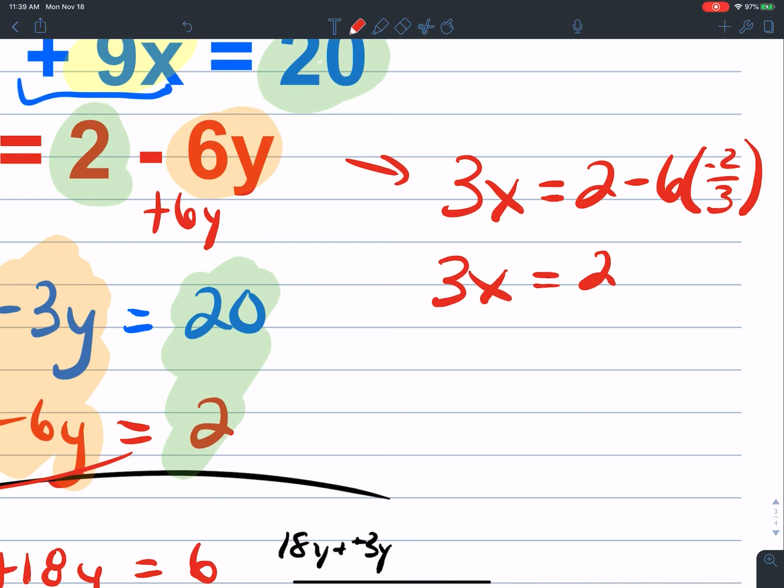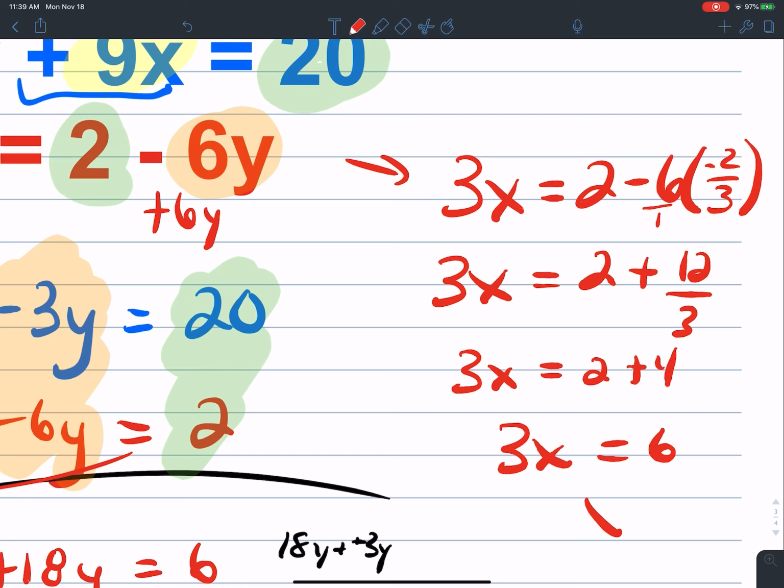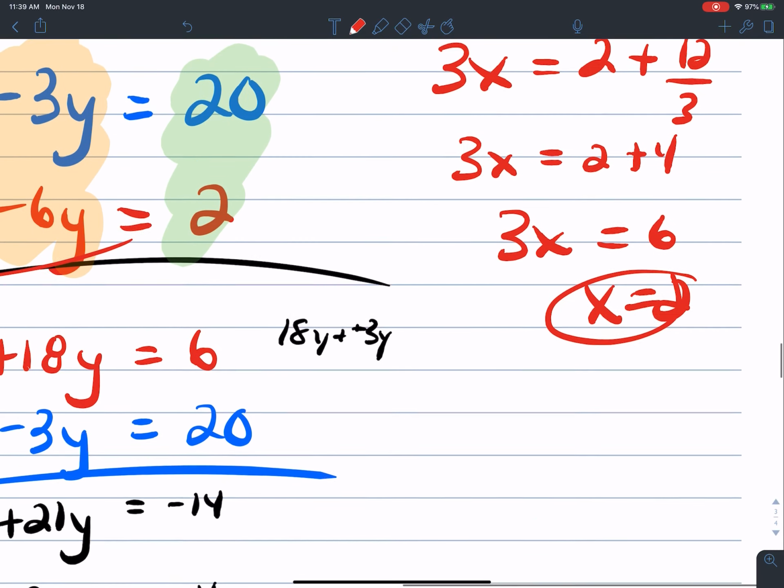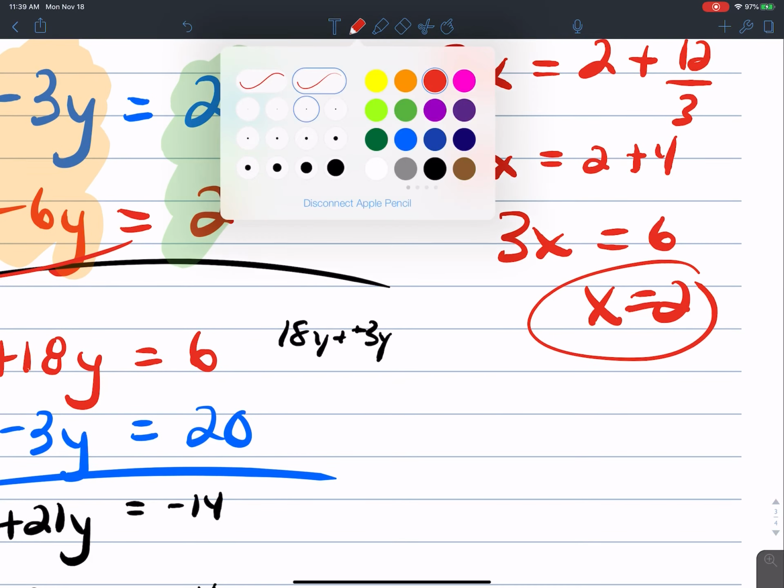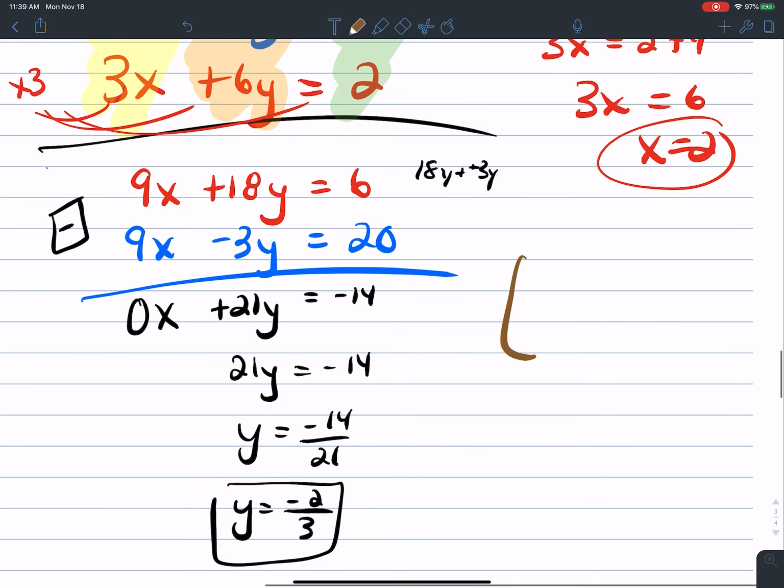Now a negative times a negative will be a positive. 6 times 2 is 12. 1 times 3 is 3. So this is 3x is equal to 2 plus 4. So we get 3x is equal to 6. So x must have been equal to 2. So our final solution, these two lines intersect at the point 2 and negative 2/3 for the y value.